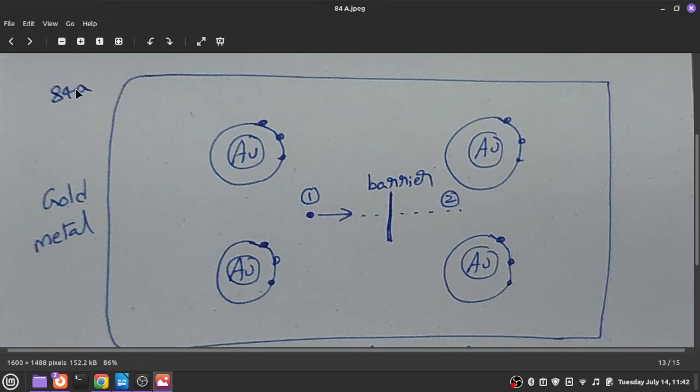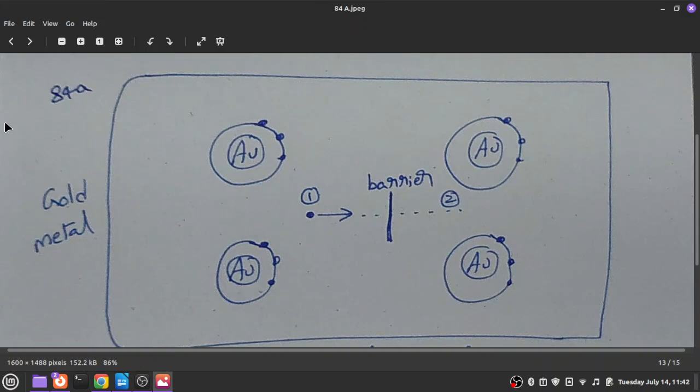So when white light falls on the free electron, it absorbs blue and violet of the incident light. It absorbs the energy of the incident light. Using that energy, the electron at position 1 will move to position 2, and the remaining light will be reflected.